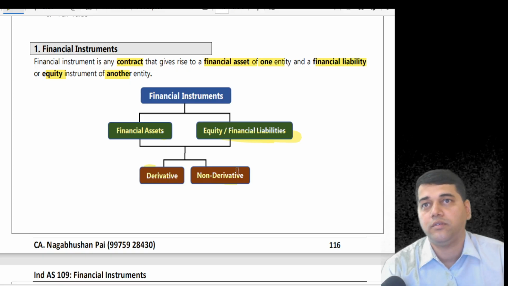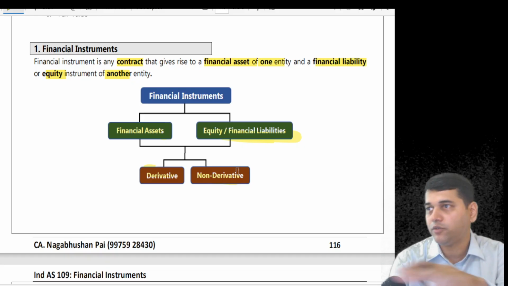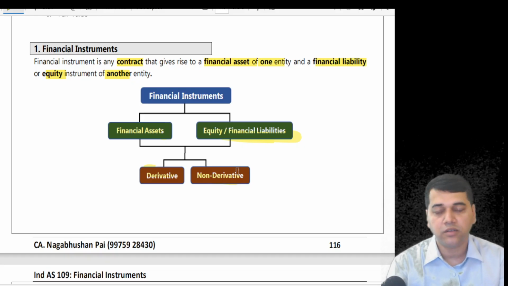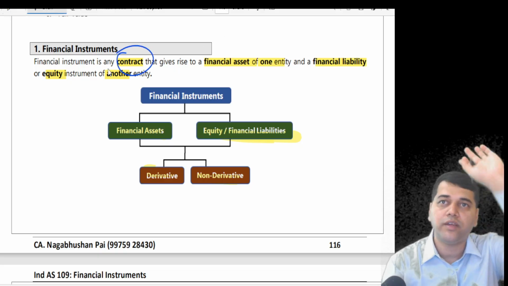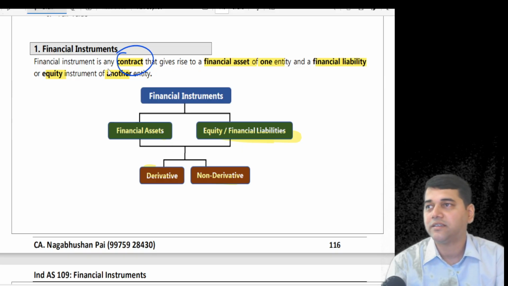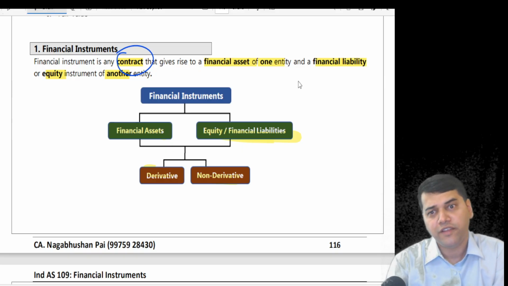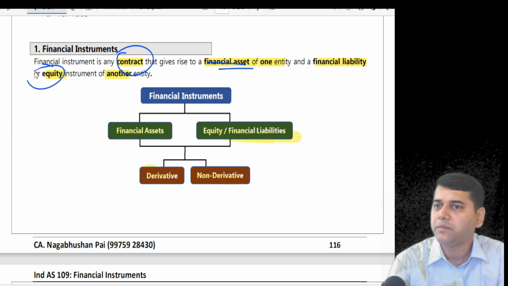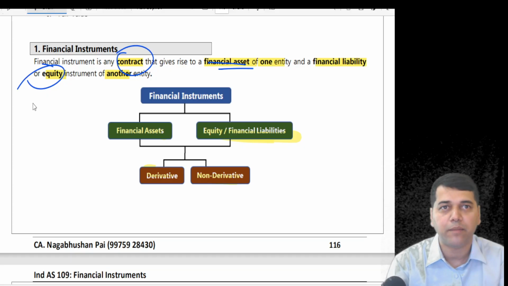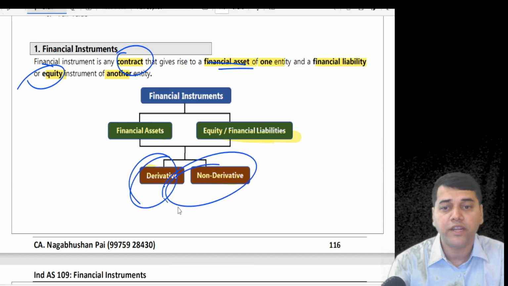At least if you know something, you get connected. But for a fresher, contract is definitely understood, because somewhere in the PUC you must have come across the Contract Act. Financial asset is totally a brand new word. Financial liability too; and equity, you make a guess it is equity share capital. Derivative, non-derivative.